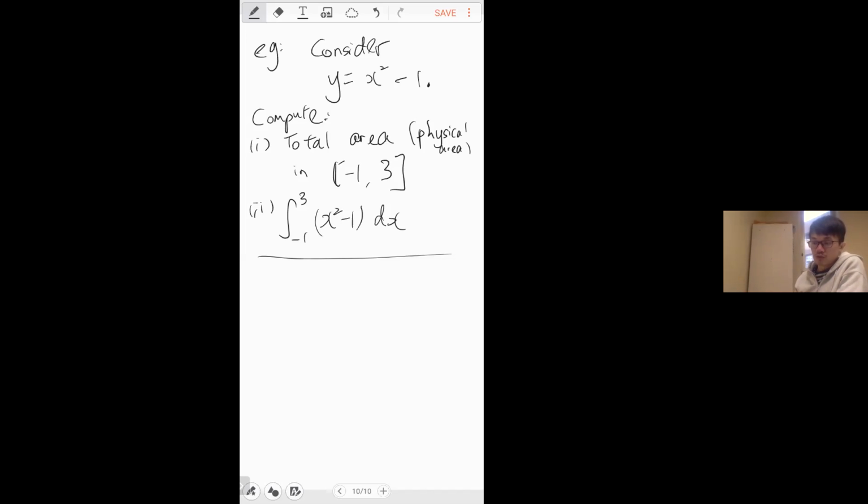Here I give you a function, and first I'm asking, what is the total area from -1 to 3? When I talk about total area, I mean the physical area. The second part, I ask you to compute the definite integral of x squared minus 1 from -1 to 3. And then I'm asking, are they the same? Any ideas?